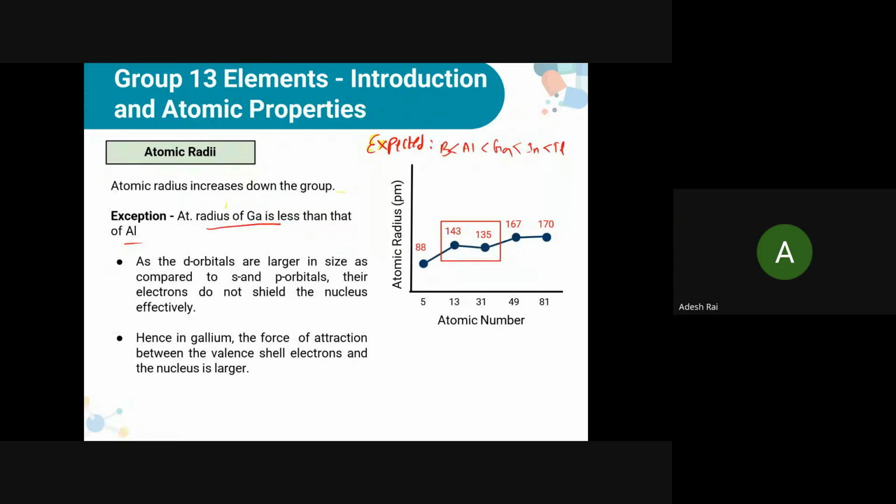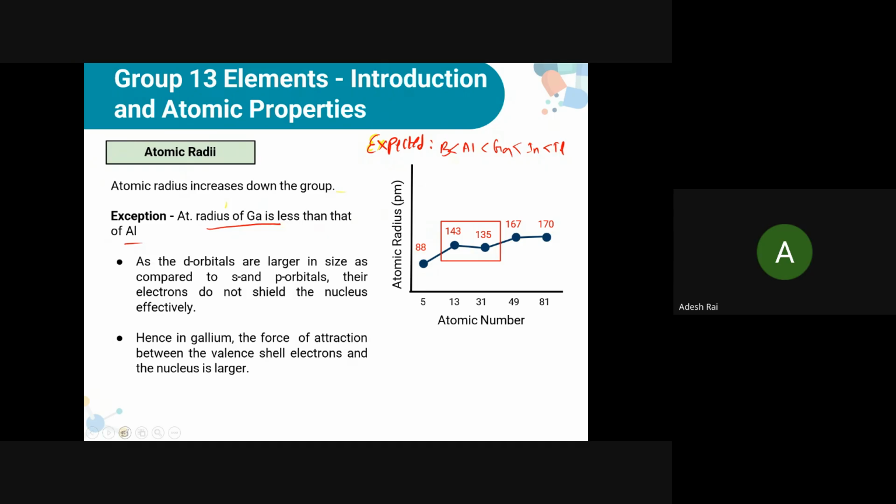Yes, tell me. Sir, we heard of lanthanoid contraction. Lanthanoid contraction, very good. So the d electrons are less effective in shielding in gallium. See, the reason is written over here.